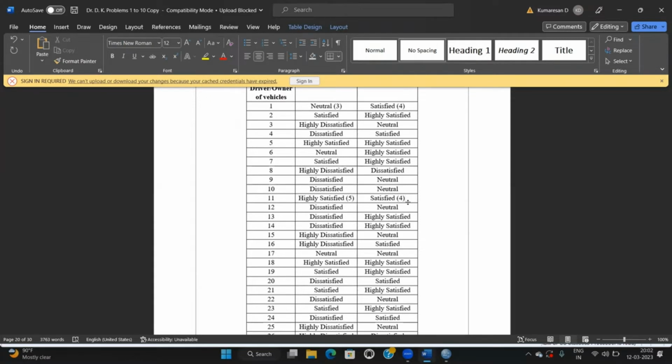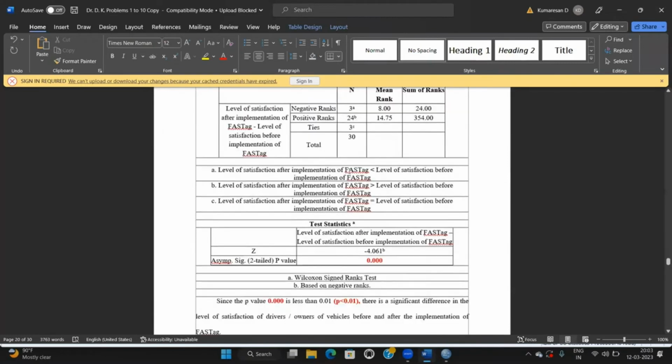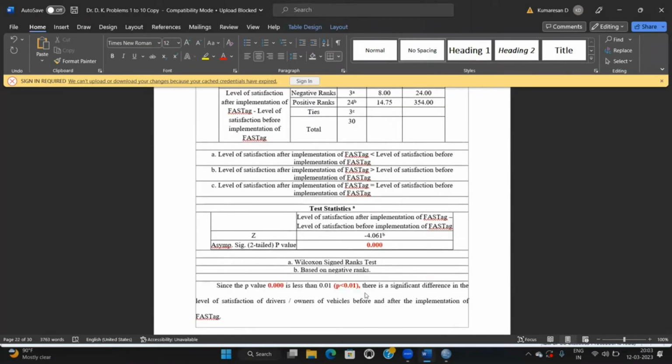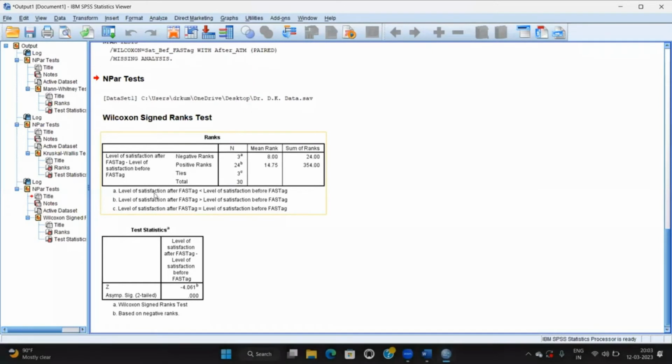If the after score is greater than the before score, it is called a positive rank. If the after score is less than the before score, it is negative. If the after score is greater than the before score, it is positive.